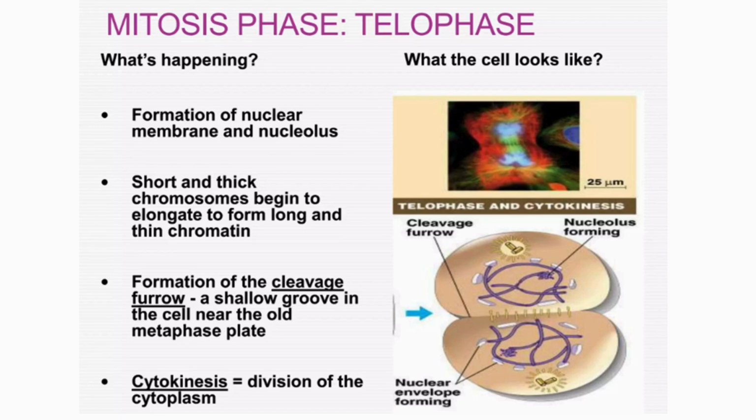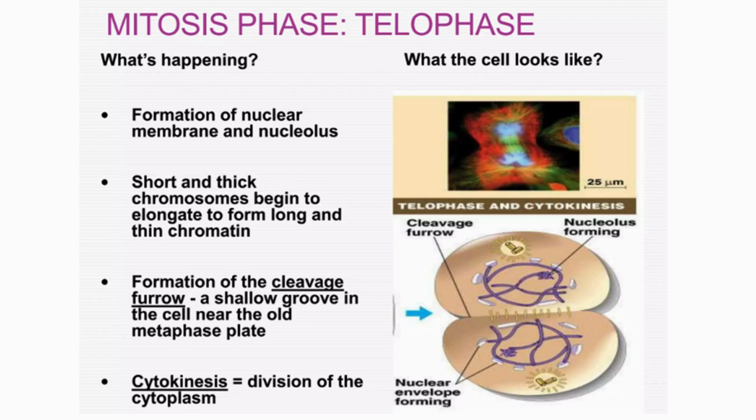Here you can see the nucleolus forming, the white coloring, and at the middle where the metaphase plate was, the cleavage furrow occurs, and the nuclear envelope forms. It means short and thick chromosomes begin to elongate to form long and thin chromatin. So the short, thick chromosomes become long, thin chromatin, right?